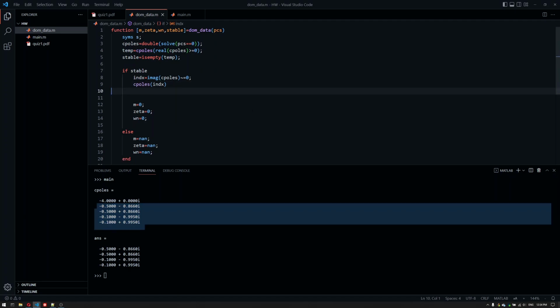So the possible dominant poles are going to be stored in here.